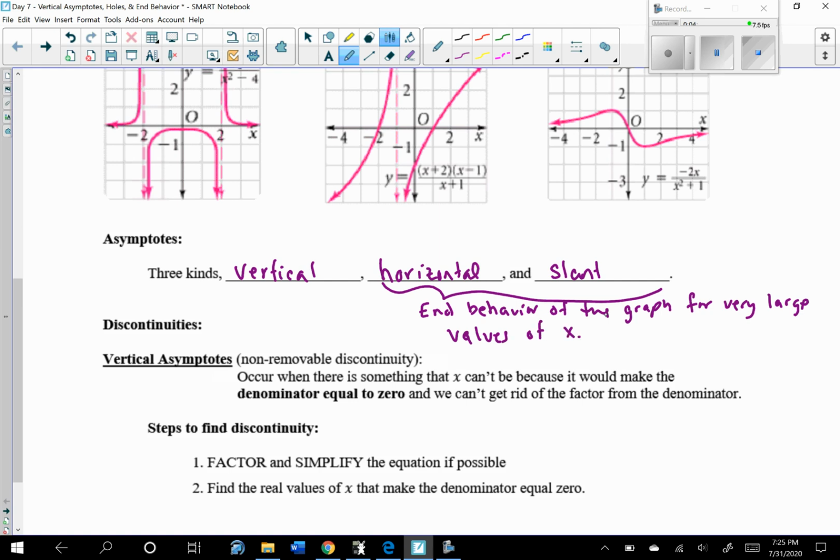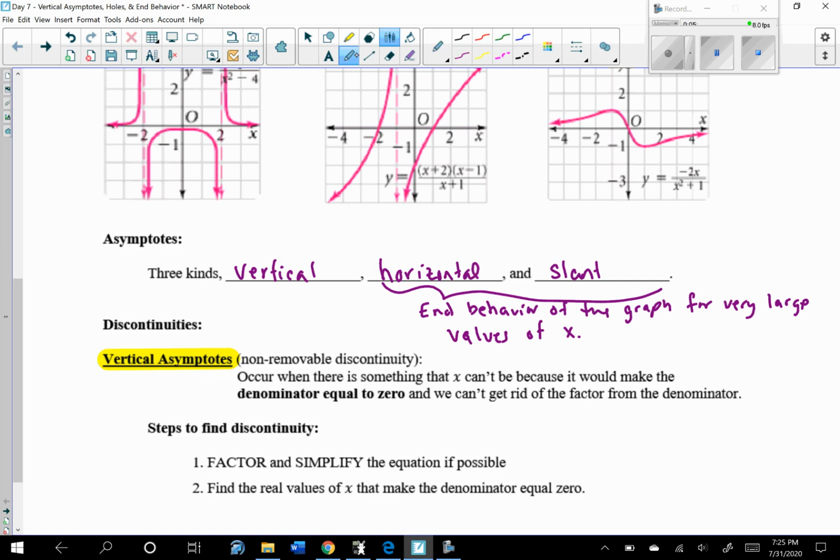So what happens in the long run as your x values get large in the positive and the negative direction, what's happening to the ends of your graph. And we talked about end behavior when we talked about our polynomials. So discontinuities happen when we have vertical asymptotes and also when we have holes. But we're going to go ahead and look at the vertical asymptotes first.